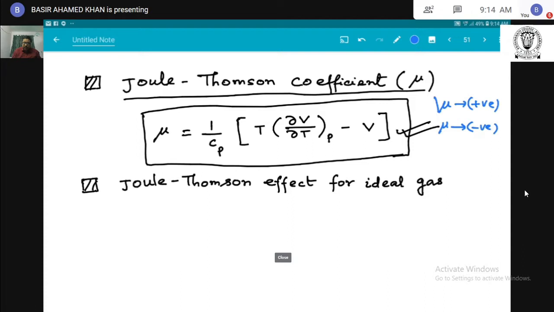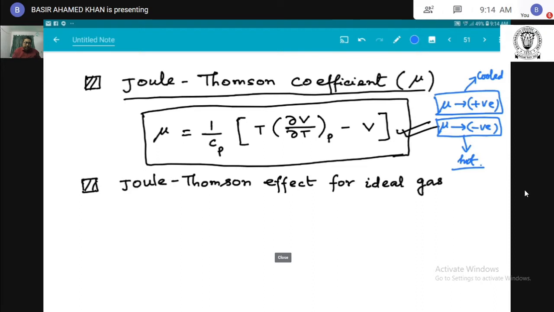So a positive value indicates the gas is cooled, and a negative value indicates the gas becomes hot.